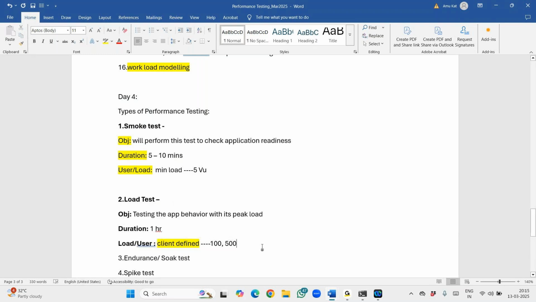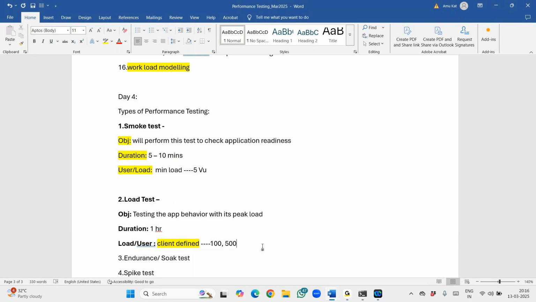Also, in a few cases, like in interviews, you may get this question. When the client defines which type of testing you are going to perform, if they ask you to choose between two options, load or stress, then we can simply say that if it is already defined, that comes under load. Many people used to confuse whether it is load or stress.